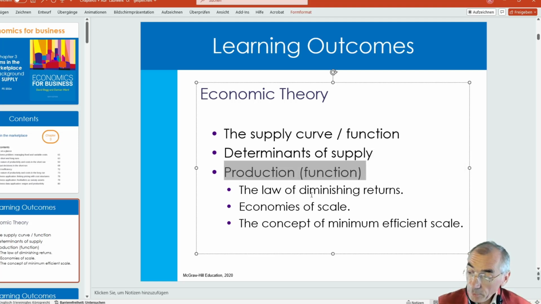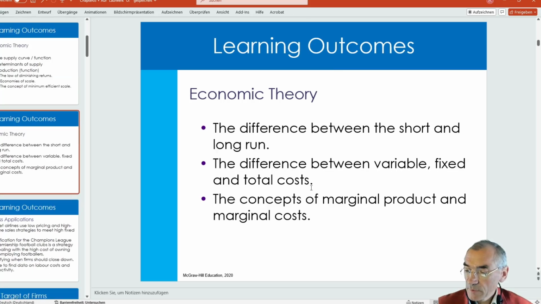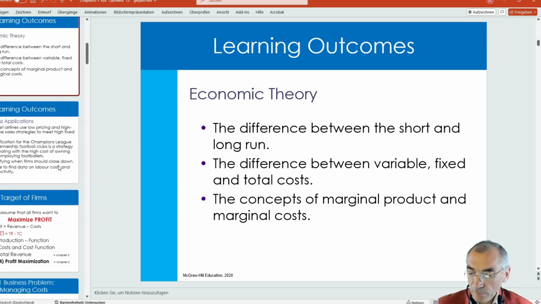And again, another law, the law of diminishing returns in this case, economies of scale, and so on. These are some of the topics: the difference between the short and the long run, the difference between variable, fixed, and total costs, and different concepts, not only the total but also the average and the marginal costs, product, and later on profit will be something that we refer to.